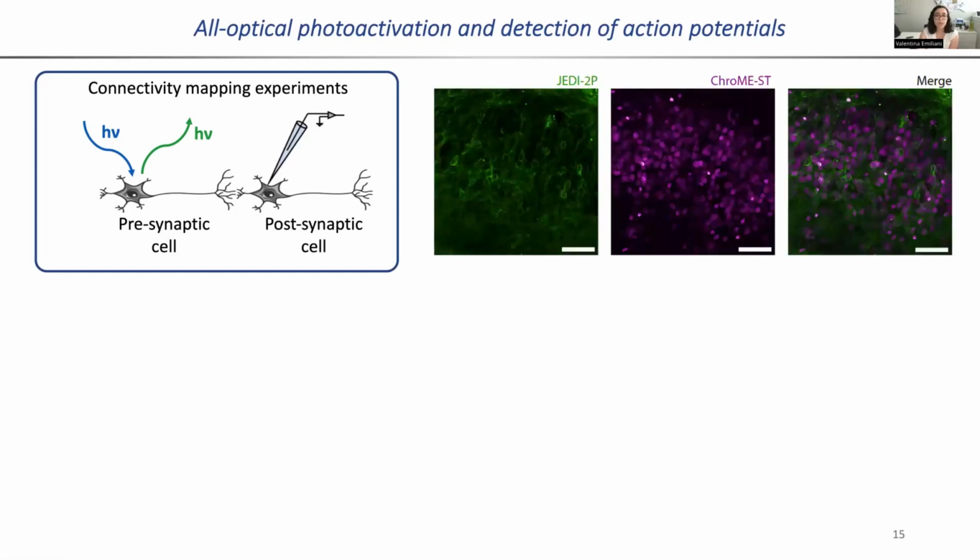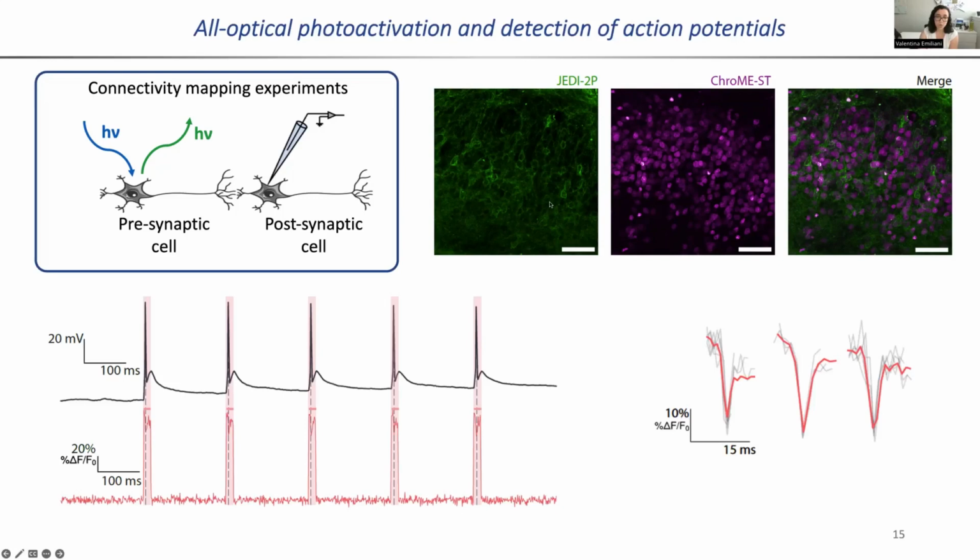To do this, we used the same samples expressing Jedi, but we added the chrome, which is an excitatory rhodopsin, and we patched these co-expressing cells. By using the same laser beam that we were using for imaging, we were also able to activate the chrome in these neurons. And the results are here.